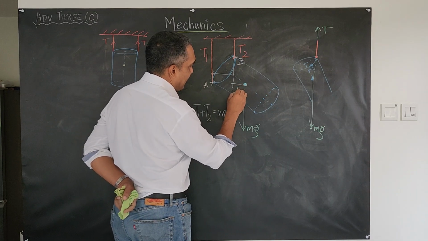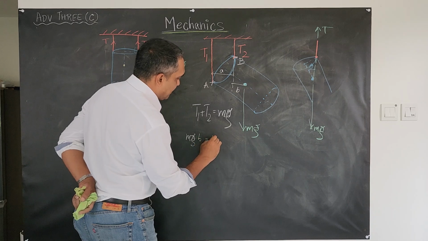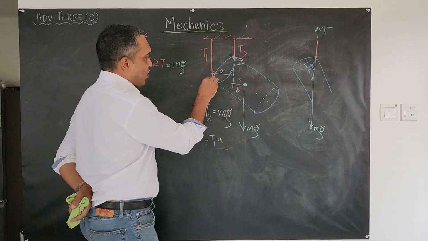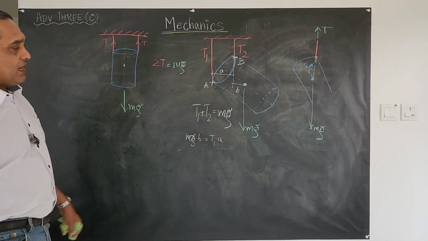Let's say it's a small b and this is a small a, mg times small b is equal to T1 times the small a. And then if I take a moment about this one, I would do the same, applying these and trying to solve them.